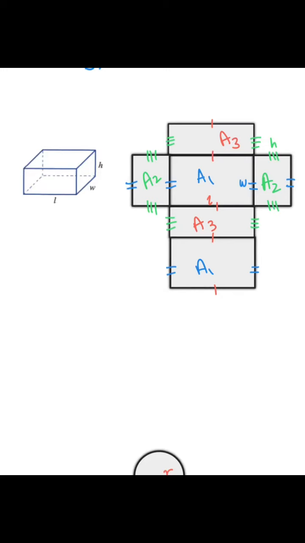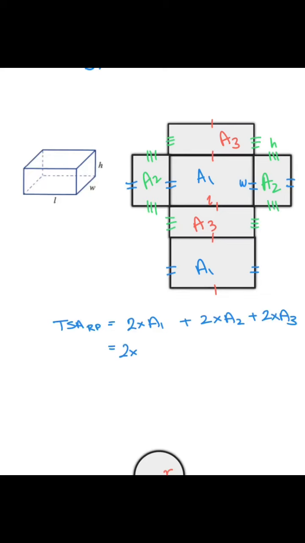Okay, so if I want to find the total surface area of this rectangular prism, I'm going to have a look at my area 1. It's going to be 2 times area 1, because I have 2 of area 1, plus 2 times area 2, plus 2 times area 3. So let's have a look at finding area 1.